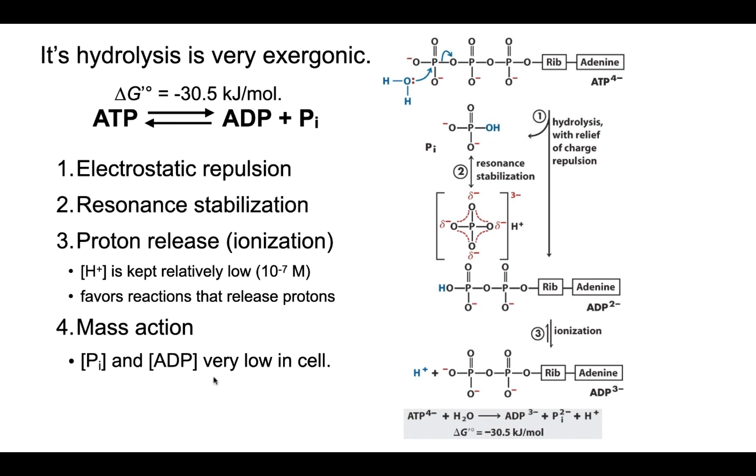There simply isn't that much inorganic phosphate and ADP concentration within the cell. When you lower the concentration of products, you're driving that reaction in the forward direction, making it more exergonic, more negative delta G. So ATP is very good at being hydrolyzed, which means it's very good at phosphorylating other molecules for these reasons here.